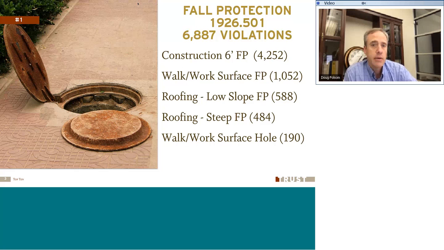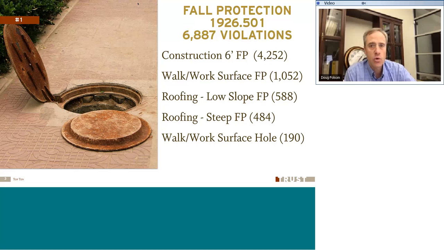There's also the walking surfaces where there's requirements for fall protection. If you're doing roofing activities on a low slope roof, and the fall protection requirements on a low slope roof versus a steep roof, we see about 500 violations between both of those. And then the walking and working surface where you may have a hole or some other opening in the surface that you're walking on, the requirement for fall protection there.